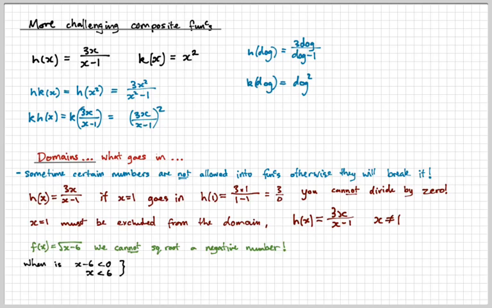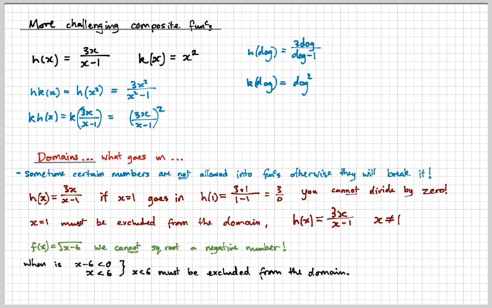So, this means that x less than 6 must be excluded from the domain. We cannot put anything that is less than 6 into the function, otherwise we'd be square rooting a negative number, so we must exclude x less than 6 from the domain.